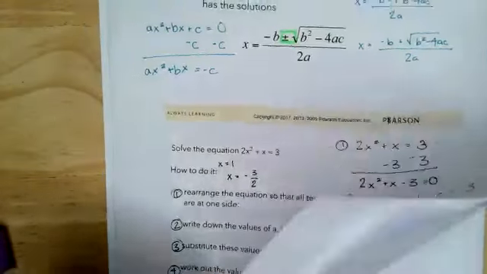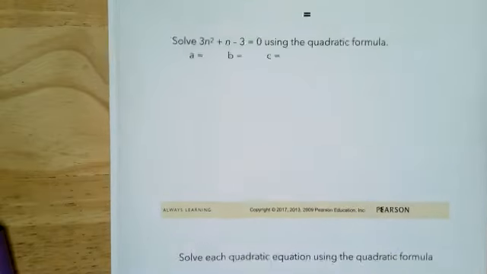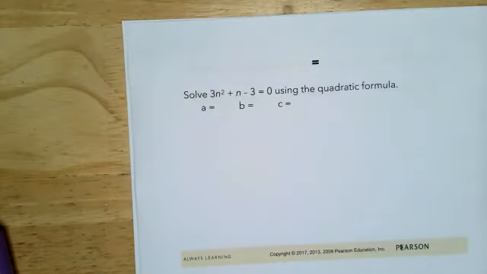You're just going to do this over and over again. All right. Solve 3n squared plus n minus 3 equals 0 using the quadratic formula. So that first step said set it equal to 0, right? Move it all to one side. We have already done that. The next step asks us to find the values of a, b, and c.